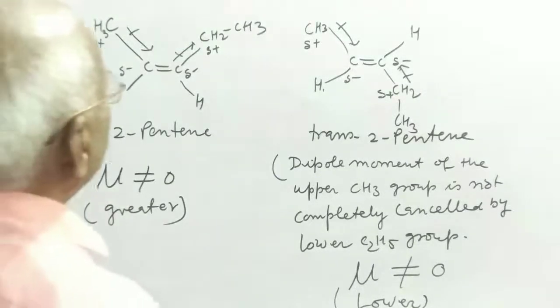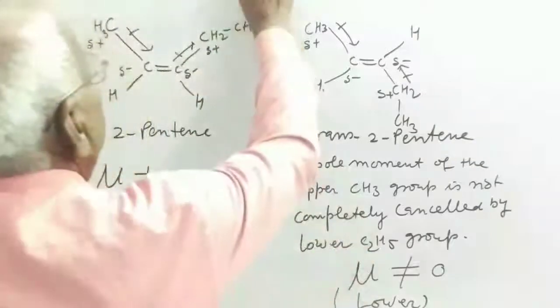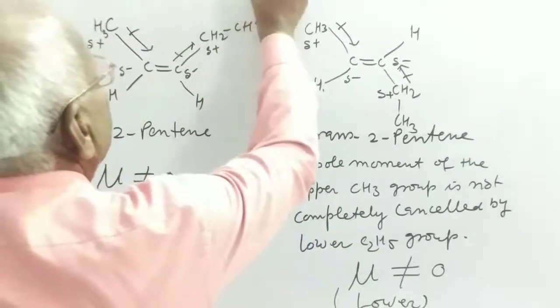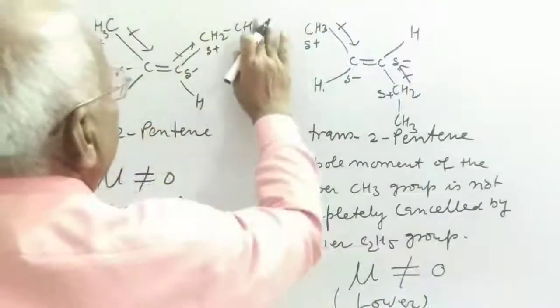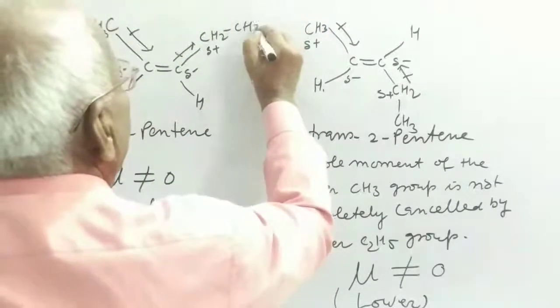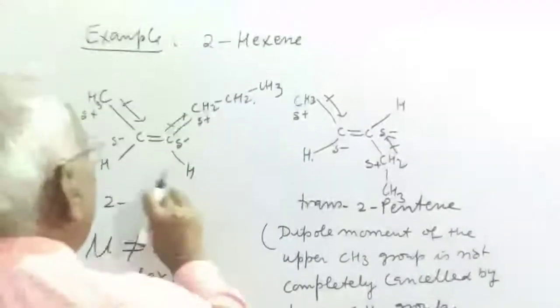Similarly, we can take another example, say cis-2-hexene. We extend this CH2, CH3. This is cis-2-hexene.